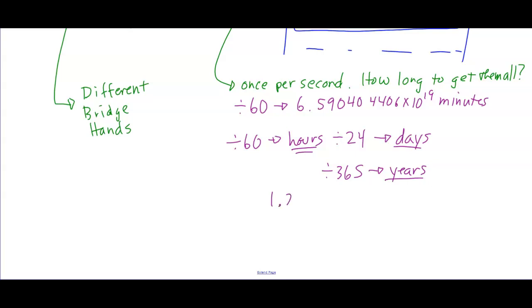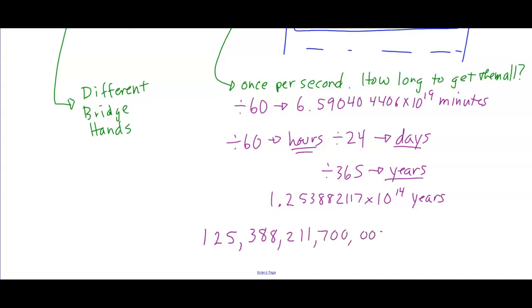So if you've got 1.253882117 times 10 to the 14th years, realize that that means you move the decimal point 14 places. So you're going to get, let's see, 1, 2, 3, 4, 5, 6, 7, 8, 9, 10, 11, 12, 13, 14 years. That's thousands, millions, billions, trillions.